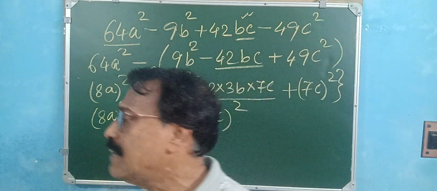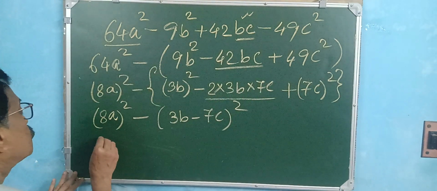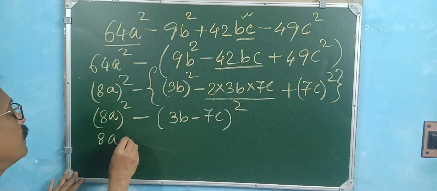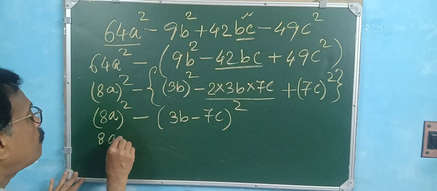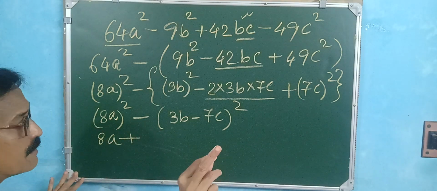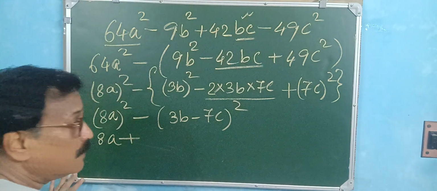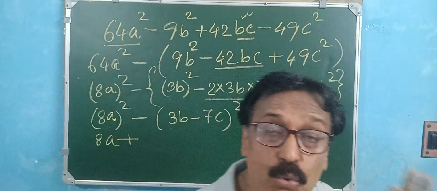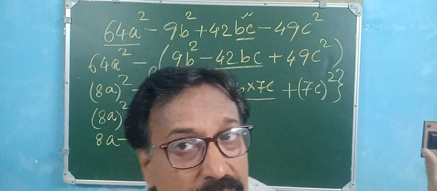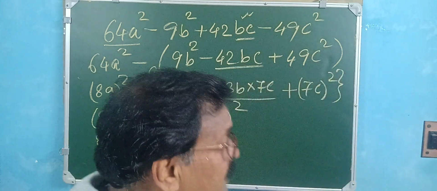Now just put in the calculation, it must be right. So this is 8a. A square minus b square, a plus b. I repeatedly say to you, these are two terms. If there are two terms, always use the bracket to avoid mistakes in calculation.